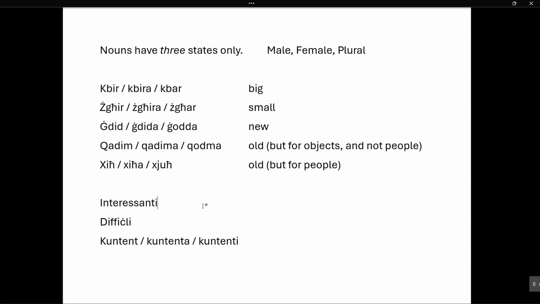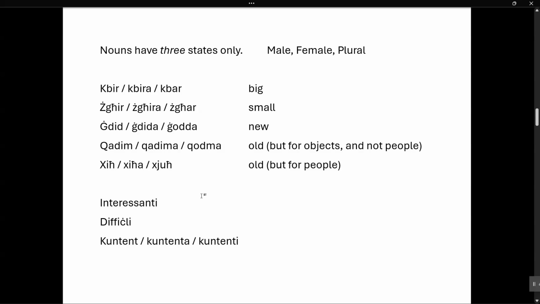If you saw the first lesson that I uploaded, you'll understand that in Maltese we have words coming from Semitic origin, so from Arabic and from Hebrew, and we also have words that are coming from European languages, specifically Italian, English, and a little bit of French. In fact, these three adjectives over here, I probably did not need to translate them for you. You know them already. Interessanti is interesting, difficili, difficult, kuntent, kuntenta, kuntenti is content.